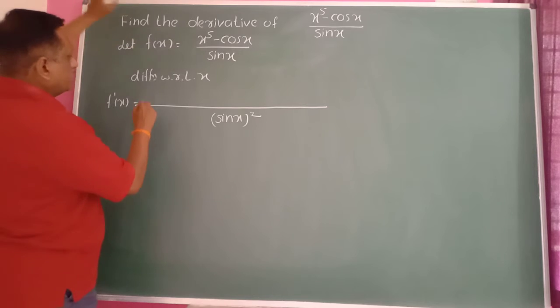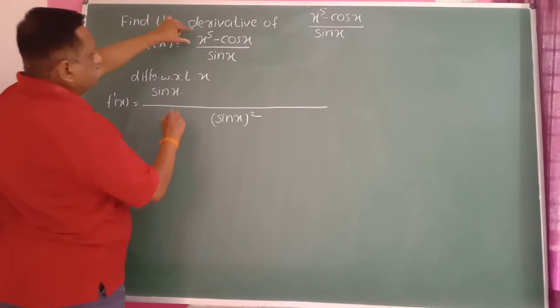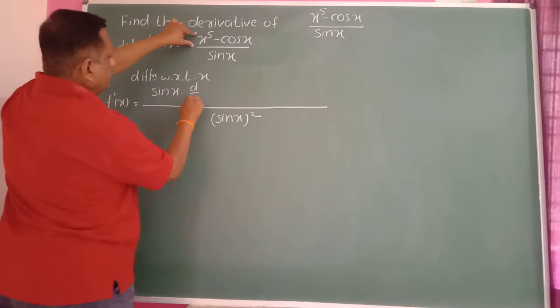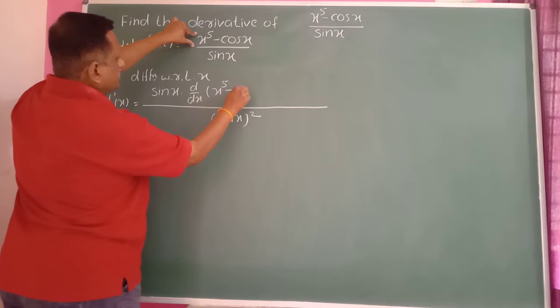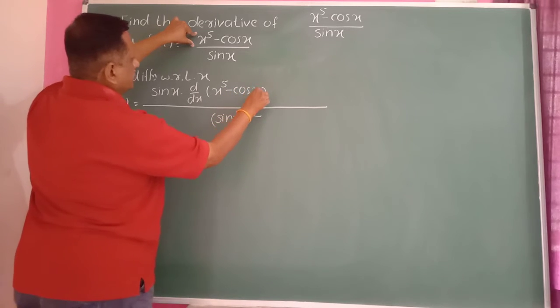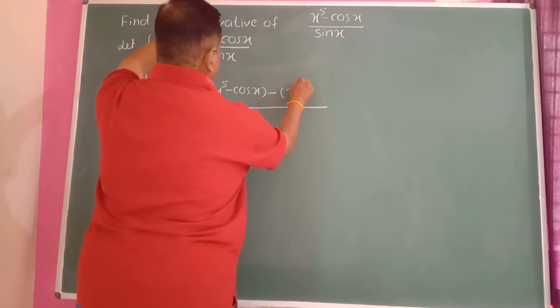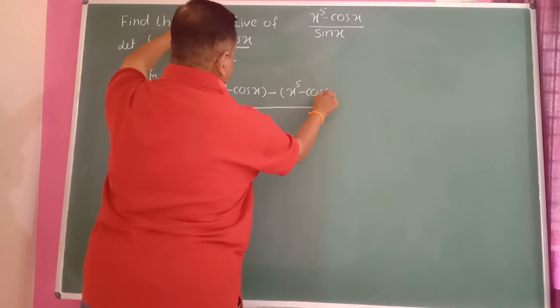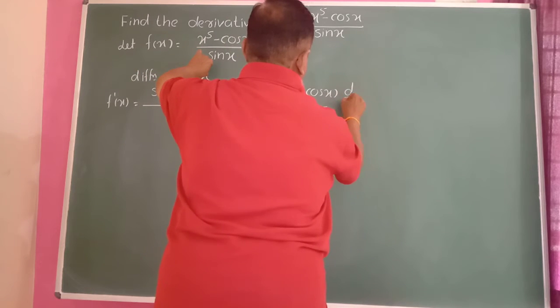Then the denominator term sin x into differentiation of the numerator term d by dx of x raised to 5 minus cos x, minus x raised to 5 minus cos x as it is, differentiation of sin x.